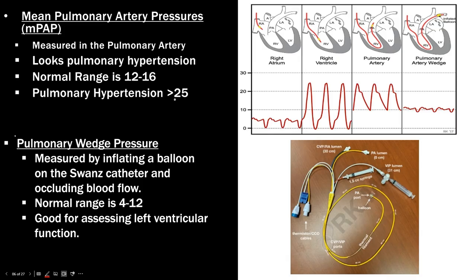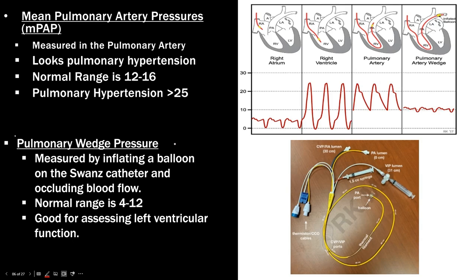The way I remember those numbers is I just think a dime to a quarter is what I need it to be. So if you get above 16, it's a little bit too much, but I know a dime is fine, so 10, and a quarter is too much. So between 10 and 25, especially for your post-op CABG patients, you expect it to be a little bit high, but that's my rule of thumb for remembering it. But 12 to 16 is your normal range.